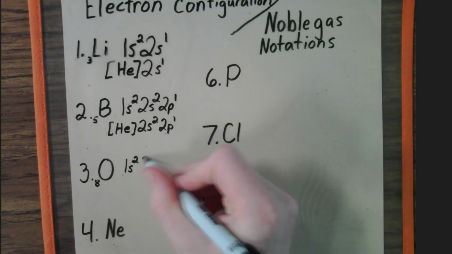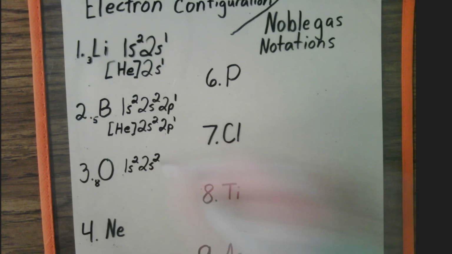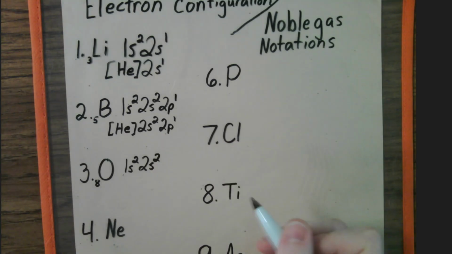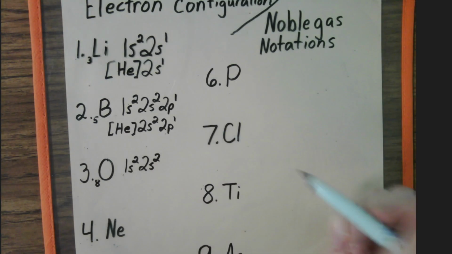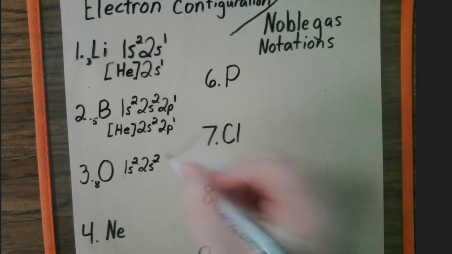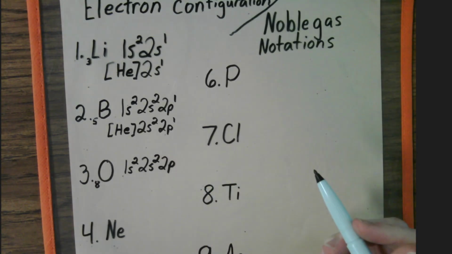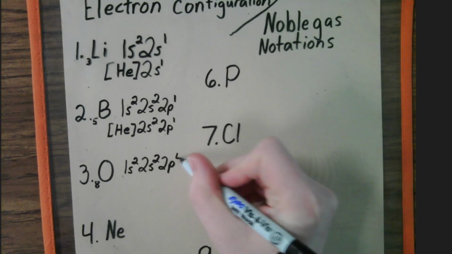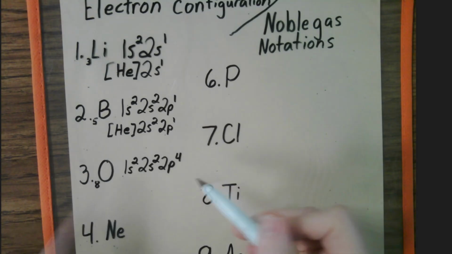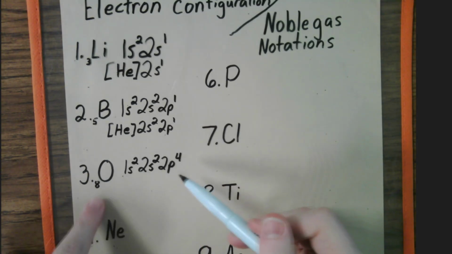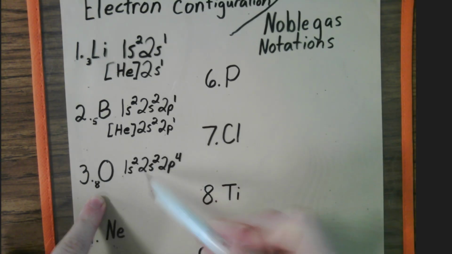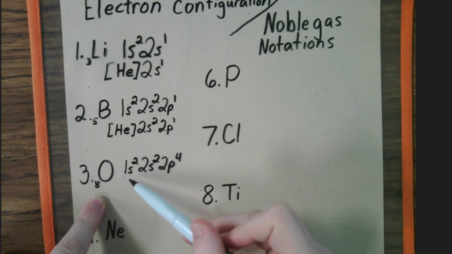And then we're going to do the next one, 2s2. We're going to completely fill that one up. And then we've got 4 electrons so far, so we need 4 left. 2p. The p orbital can hold up to 6 electrons, but all we need in this instance is 4, because now we have 4 electrons here and here to make a total of 8 electrons, and that's what we're looking for oxygen.